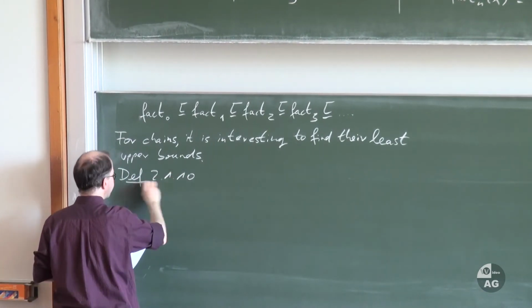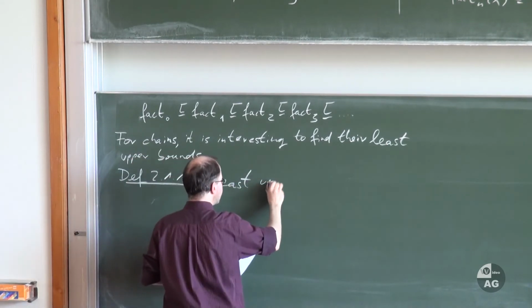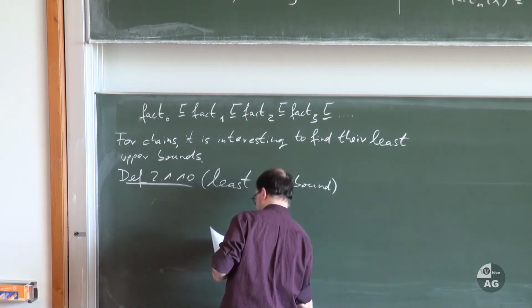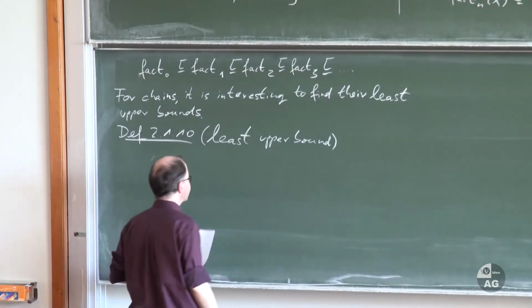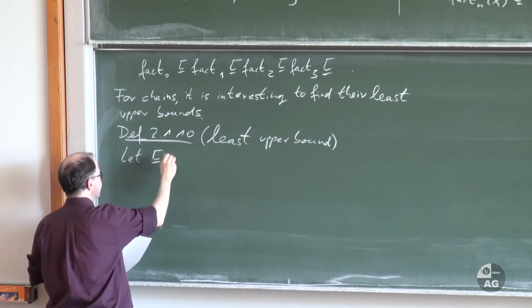Definition 2.1.10. What is the least upper bound of some set? So we have some partial order.